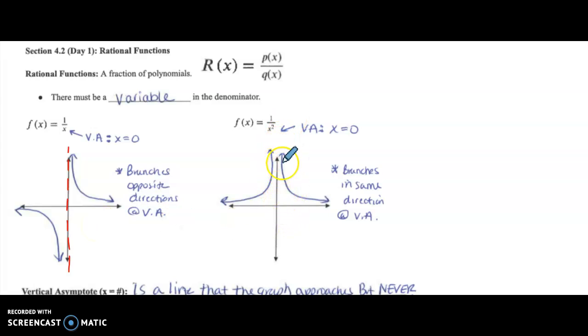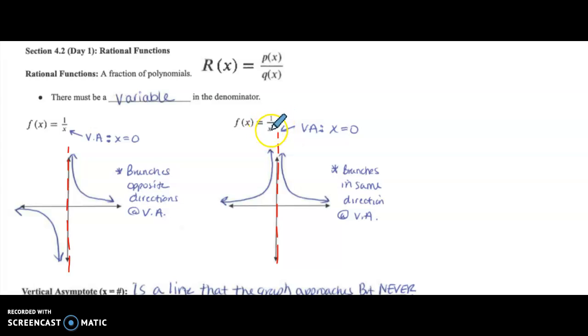We have a vertical asymptote here still because, again, for x squared in the denominator, x equals 0, but that means x cannot equal 0. So we still have this vertical asymptote, and the branches or the curves are in the same direction at the vertical asymptote. Why does that make sense?